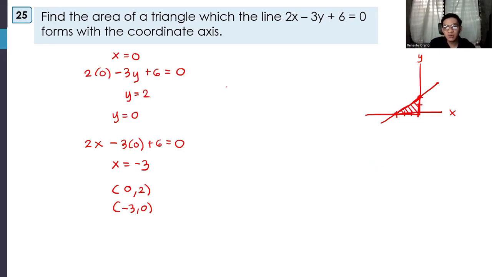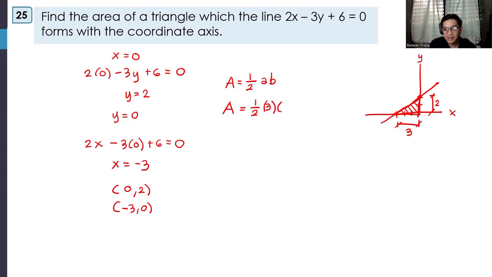So, we all know, we have our formula for our area ng ating triangle is 1/2 base times height or a times b. Diba? Yung ating base dito is 3. Etong distance na to. And yung height natin is this one, which is 2. So, substitute natin, area is equivalent to 1/2. Base natin is 3.